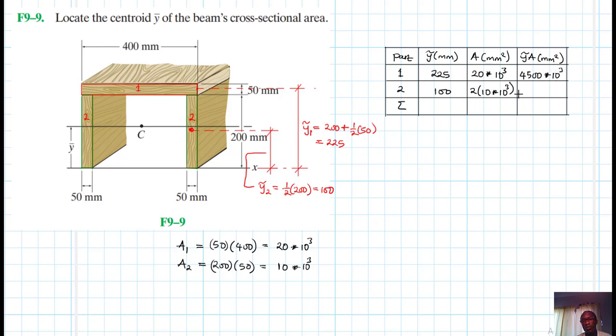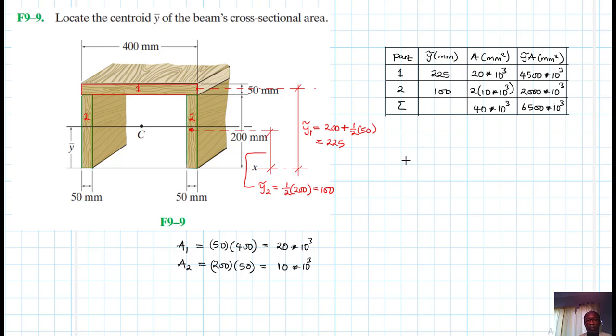This also becomes 20 by 100, which is 2,000 times 10 to the third. Then let's sum up the area. Here we will have 40 times 10 to the third, and here 6,500 times 10 to the third.